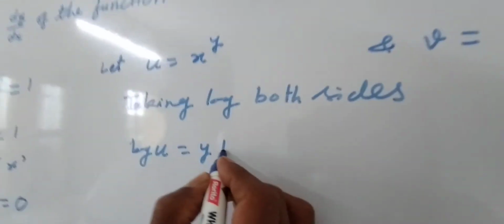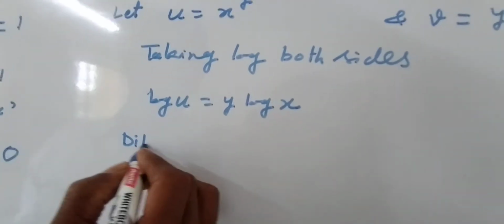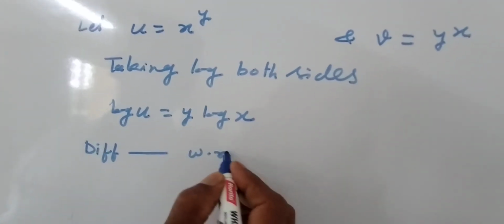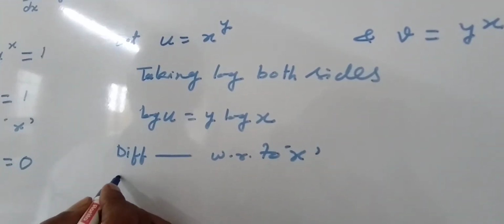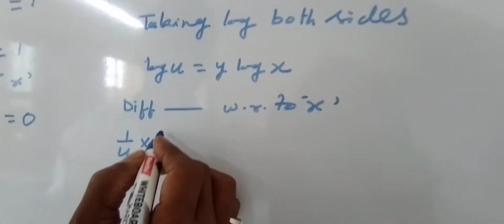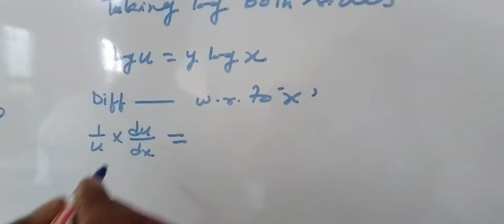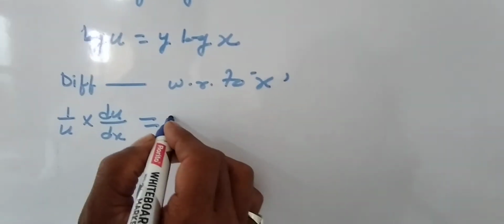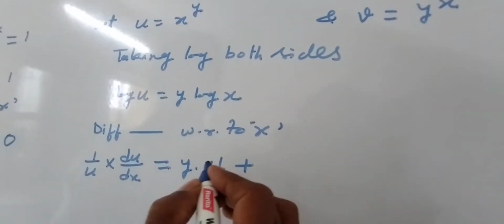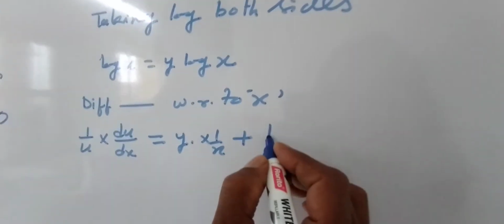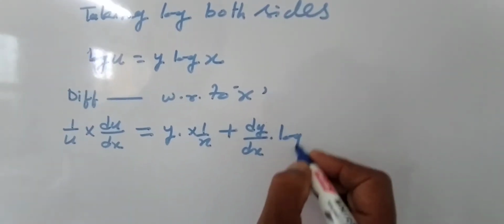Now differentiating both sides with respect to x, the derivative of log u is 1 by u, and the derivative of u with respect to x is du by dx. On the right hand side, in u into v form, the first function is unchanged, the derivative of log x is 1 by x, plus the derivative of the first function, dy by dx, and the second function unchanged, that is log x.